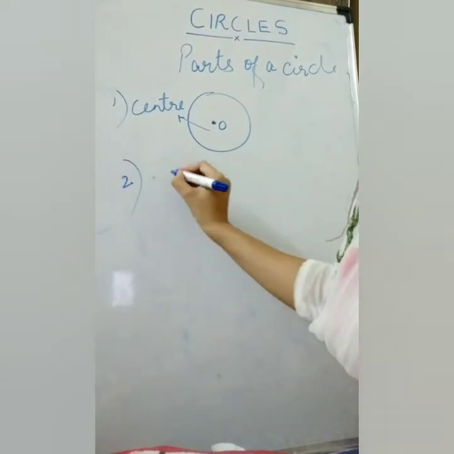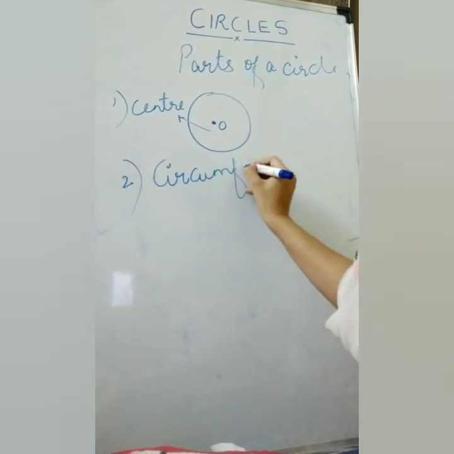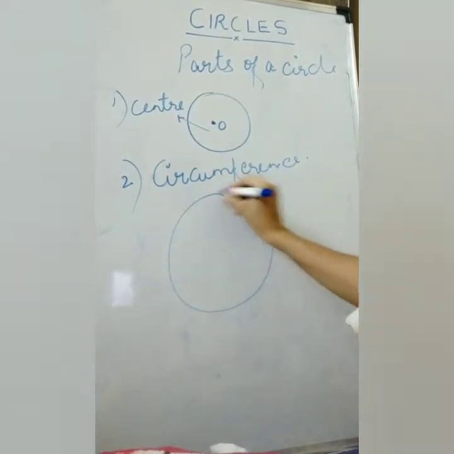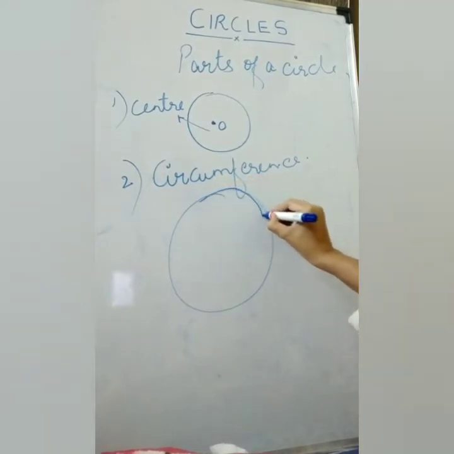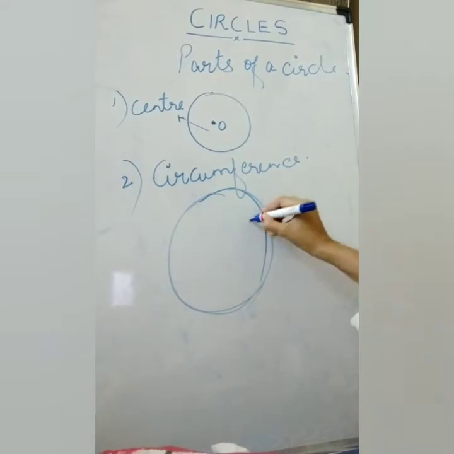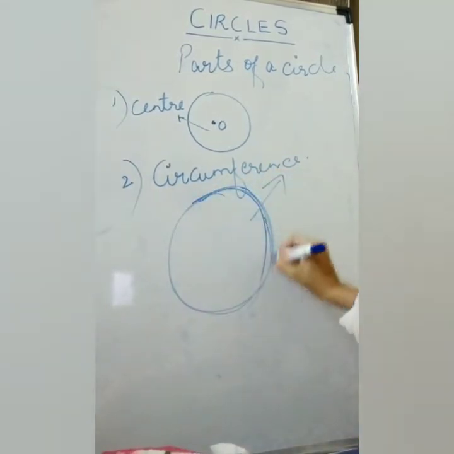Now we will discuss circumference. What is circumference? Now this is a circle. This part is called its circumference or the perimeter also.